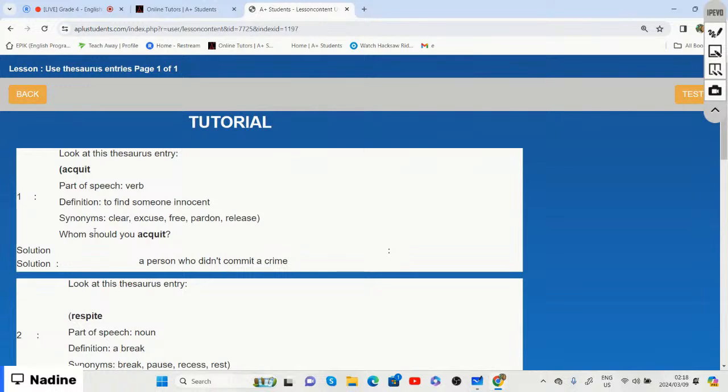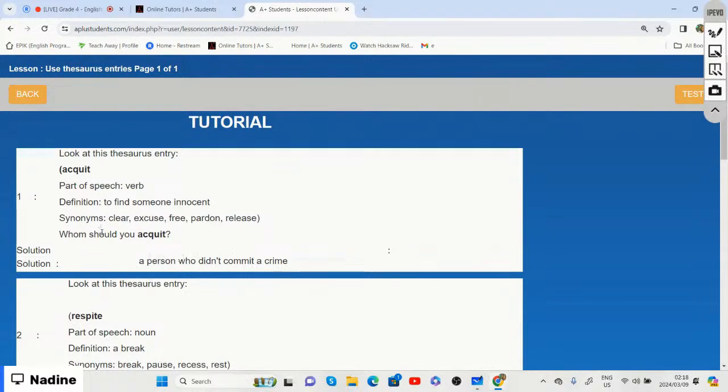All right. So we have our part of speech, which is a verb. It's to exonerate. The definition is to find someone innocent. Now it says look at the thesaurus entry.